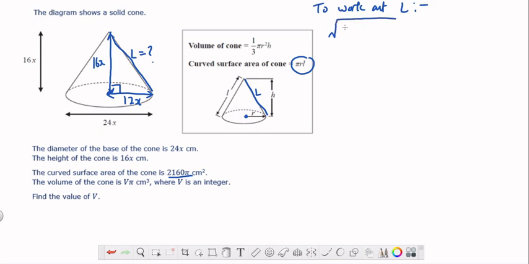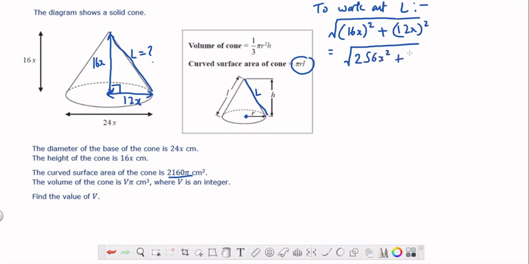16x squared plus 12x squared. Right, this needs simplifying a little bit, so you can use a calculator. This is a calculator question, by the way. Get my calculator. So 16 squared gives me 256, and x squared is obviously x squared there.